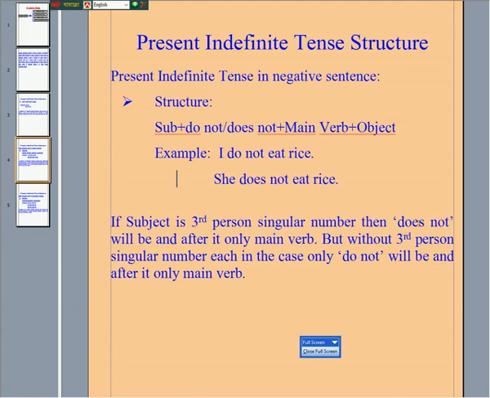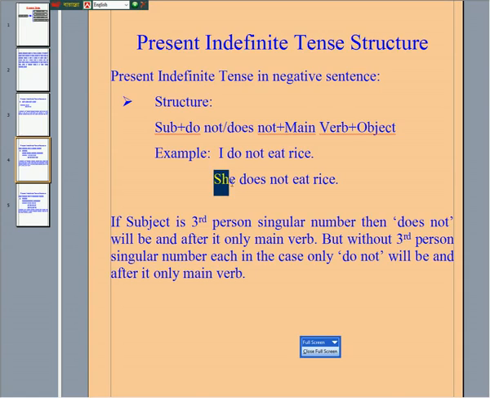If the subject is third person singular number, then does not will be used, and after it only the main verb. But without third person singular number, only do not will be used, and after it only the main verb. Here does not is added because of being third person singular number.